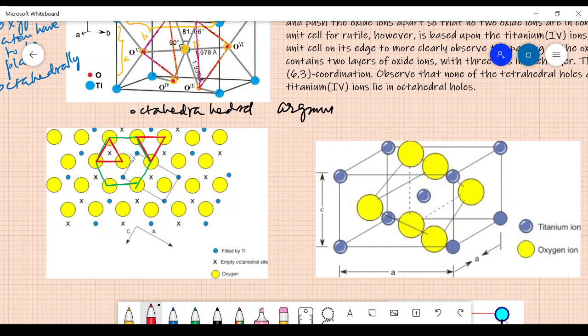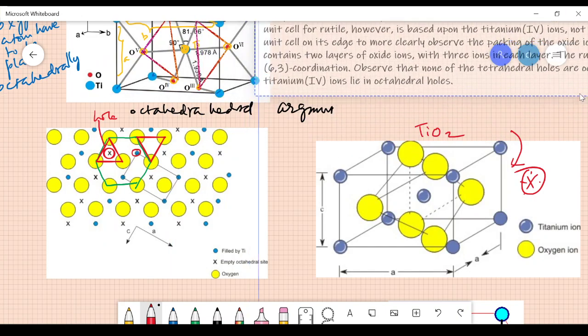Okay, these two triangles are opposite, and in between you have got the titanium atoms, right? So this is the hole that is there. So in between that is occupied. But the main thing about TiO2 is that it is a rutile structure, but it has a beautiful structure like this. You have to draw this structure. This is very important for you.